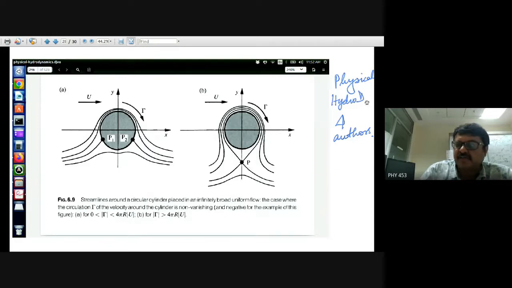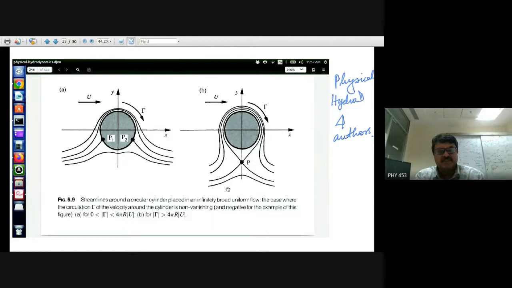This figure is from Physical Hydrodynamics, the four authors. It says that for gamma less than this, so that sine theta is less than 1, you have two stagnation points. And for gamma greater than this quantity, you will have a stagnation point which is off the surface of the sphere. That's the basic message.